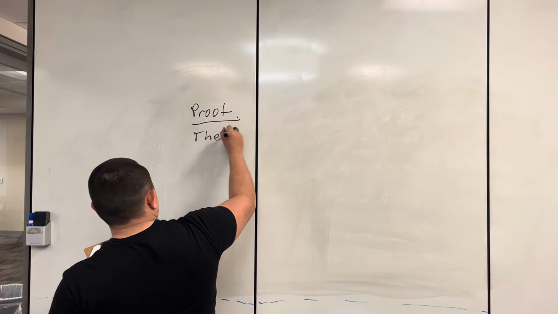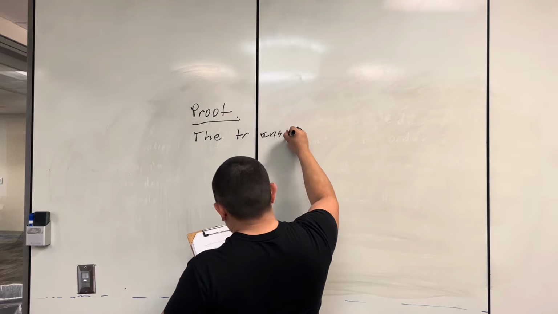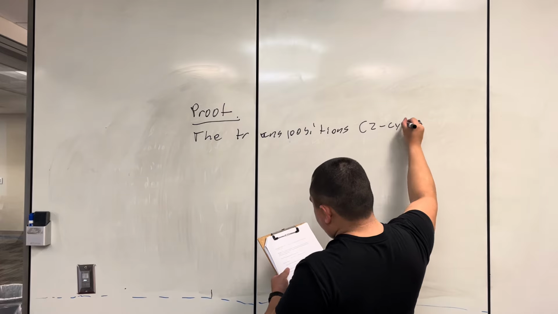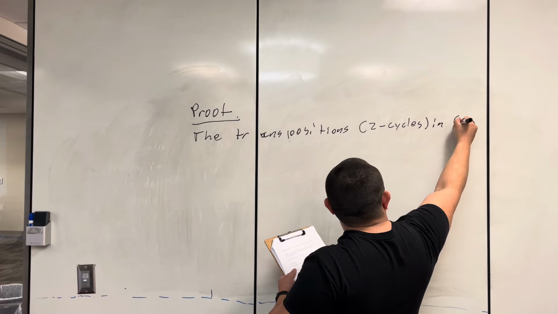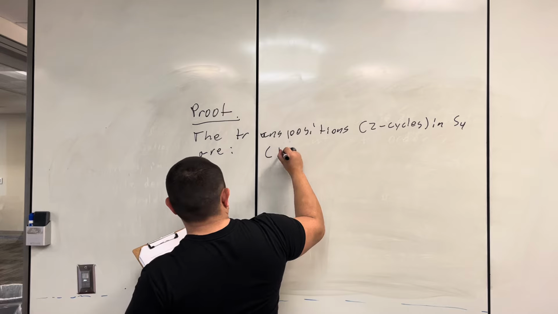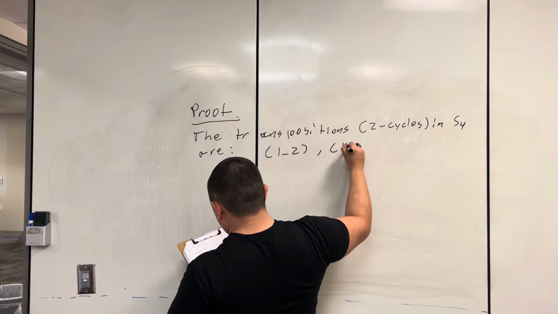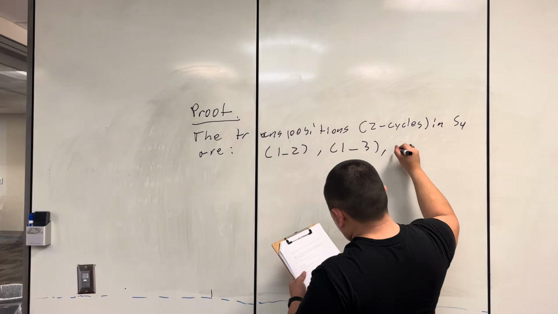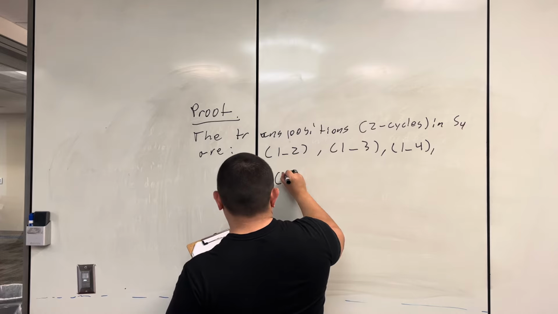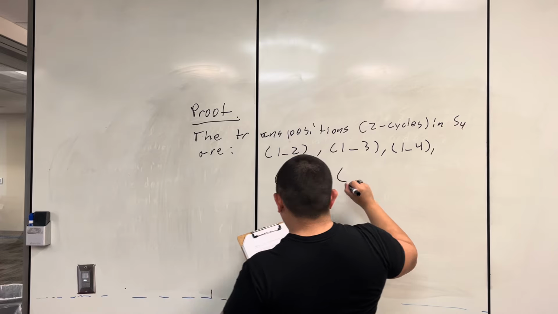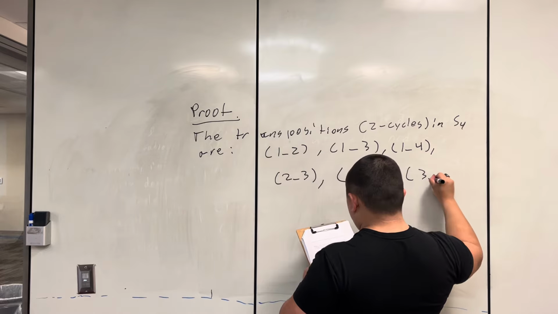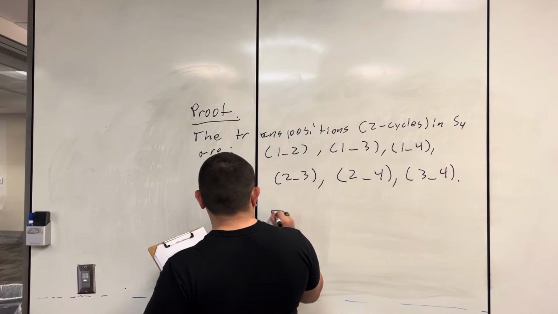The transpositions, 2 cycles in S sub 4, are open parentheses 1, 2, close parentheses, open parentheses 1, 3, close parentheses, open parentheses 1, 4, close parentheses, open parentheses 2, 3, close parentheses, open parentheses 2, 4, close parentheses, open parentheses 3, 4, close parentheses, and each of these has order 2.